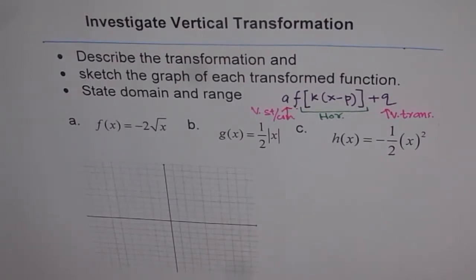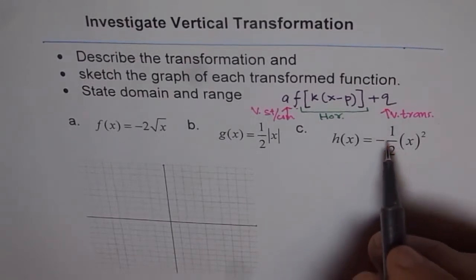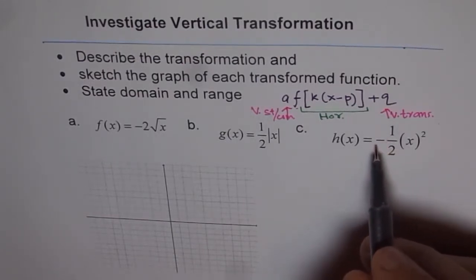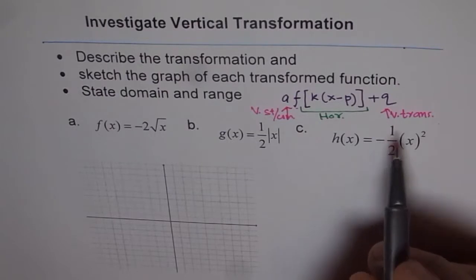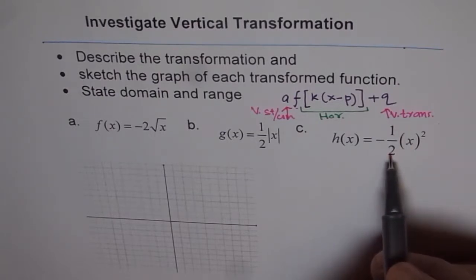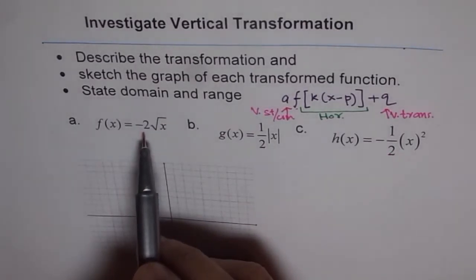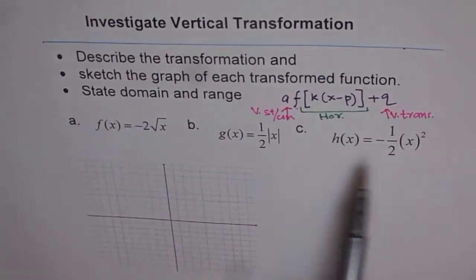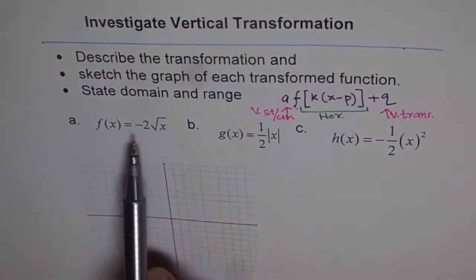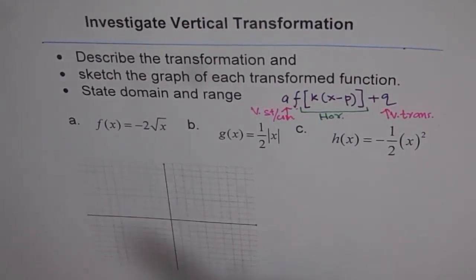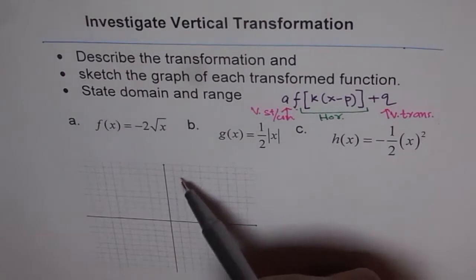So all these three examples are for vertical transformations, and they are stretch or reflection. Minus means reflection. Less than 1 means vertically compressed, and more than 1, like 2, will mean vertically stretched. So basically, we have a reflection on the x-axis, which is also vertical because the graph moves vertically.